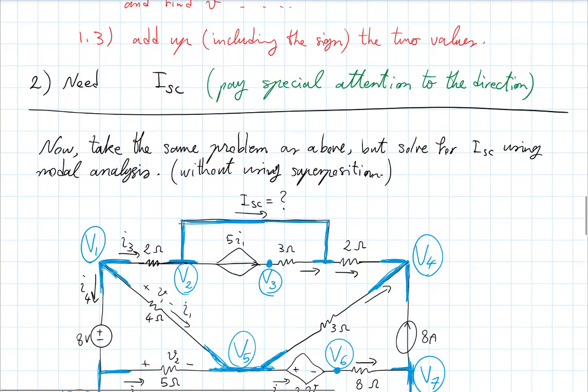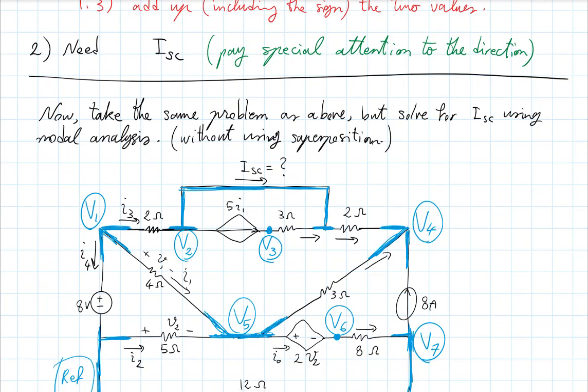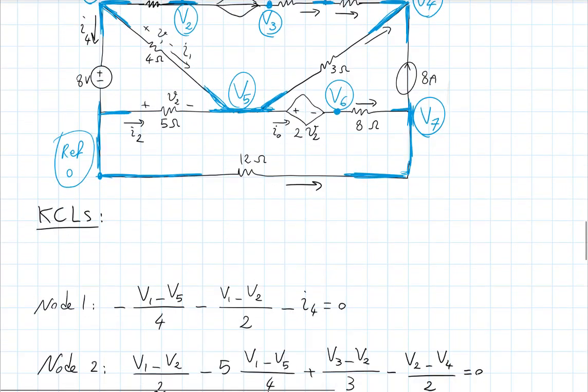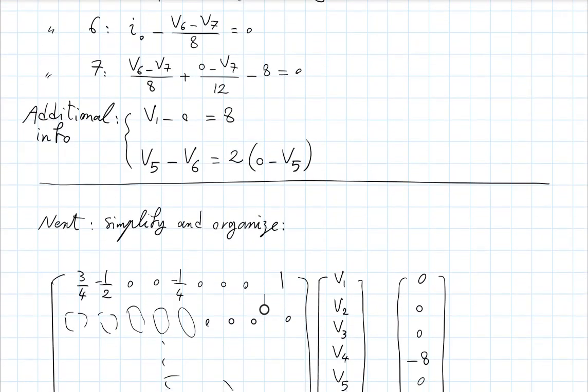That's because you had a 4 ohm and a 2 ohm resistor attached to node 1. And so in recipes that people will give you, they will say, on diagonal elements, put the sum of the inverses of the resistances that are connected to that node. And on off-diagonal elements, put the negative of the inverses of the resistances that connect those nodes.